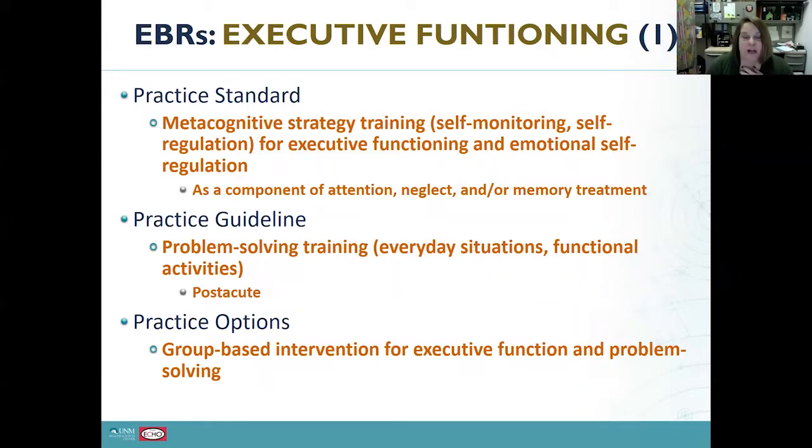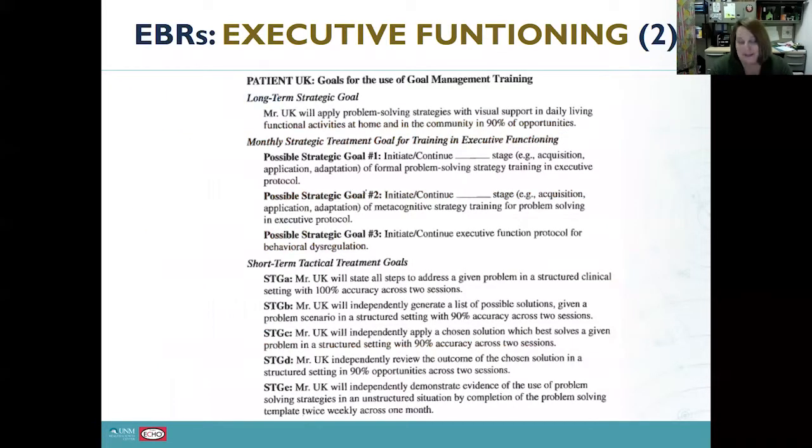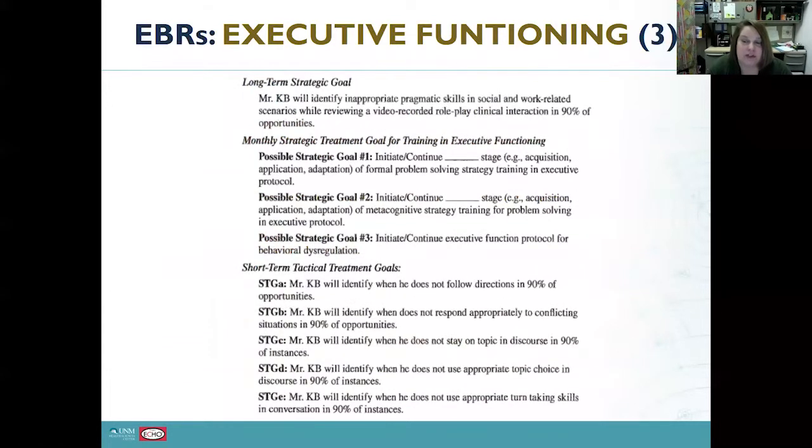So kind of speeding on to the end here, all of the executive functioning guidelines that are recommended by the Cicerone and by the ACRM, all of them can include work for cognitive communication deficits as well. So please, please, please include those. So I've included a couple of goals. This is, again, using problem-solving strategies with visual supports, and kind of talking about different solutions, why solutions were selected.